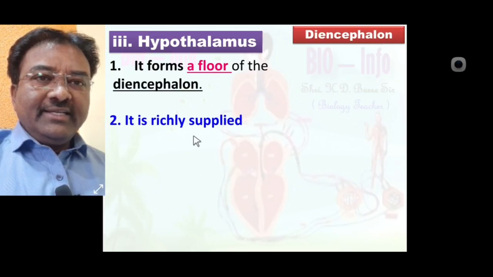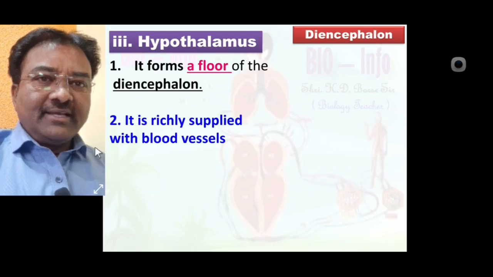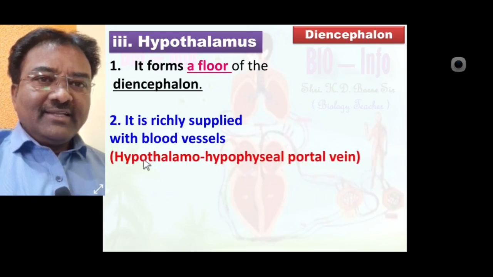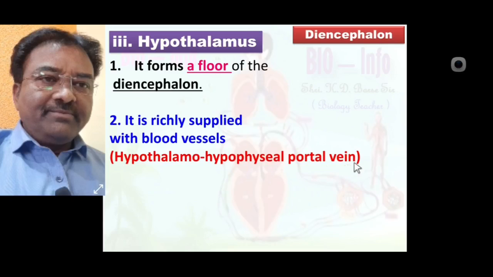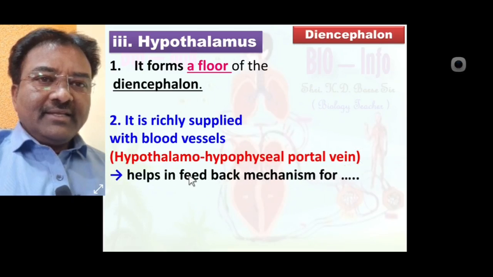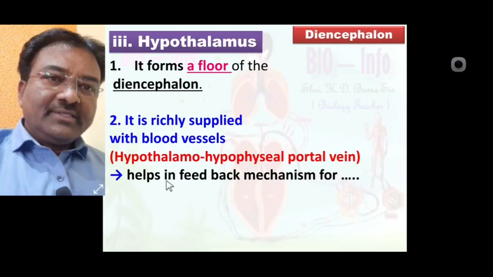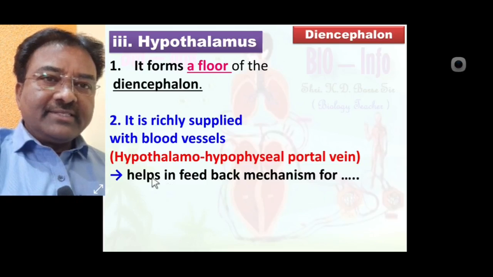It is richly supplied with blood vessels. Hypothalamus with richly supplied blood vessels, called hypothalamo-hypophyseal portal vein. Such blood vessels help the feedback mechanism for hormonal control.